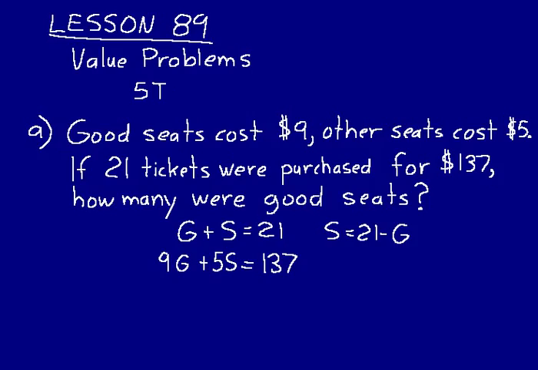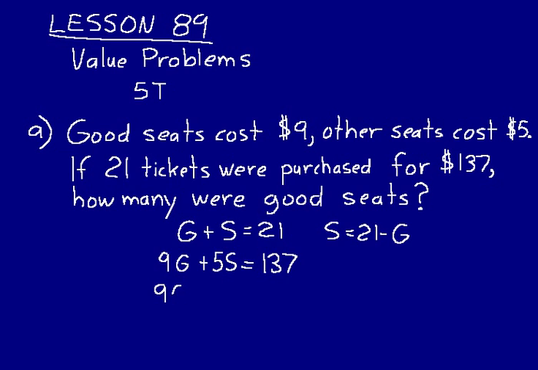That's the question I'm trying to answer, how many good seats there were. If I would have solved for good seats in the top equation, then in the bottom one I would have had to solve for seats first, then go back and solve for good seats. So this just saves a step. You might do a little bit of thinking before you start solving it to help you save a step.